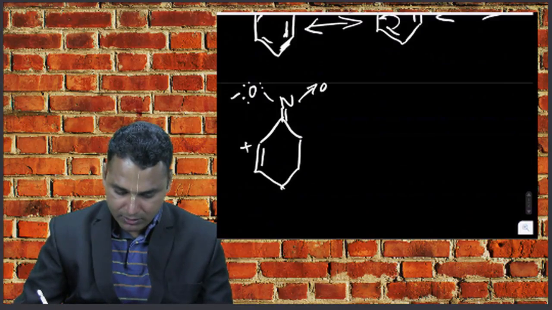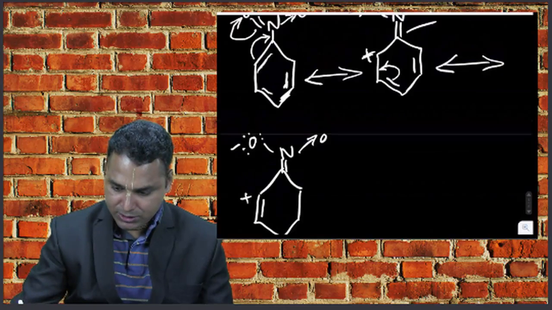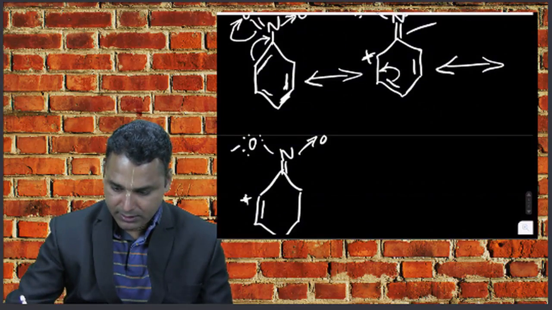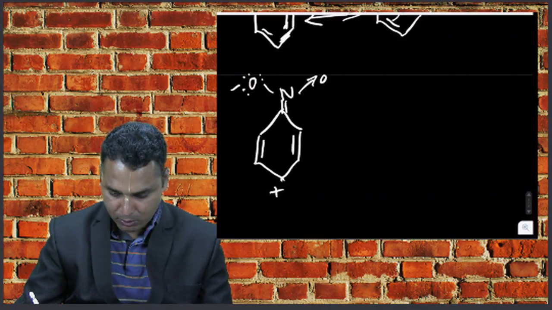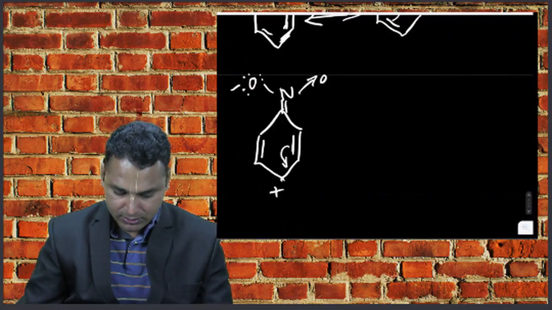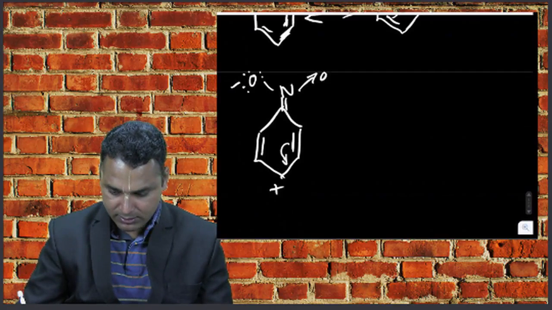And this plus charge again has been shifted from this position to not here, but this plus charge is now here. The rest is the same. Now this double bond will break up, and it will attack this single bond. Now what would happen in the next structure, we will see.